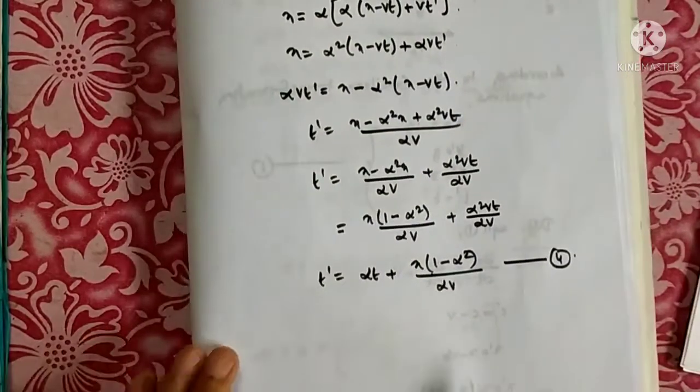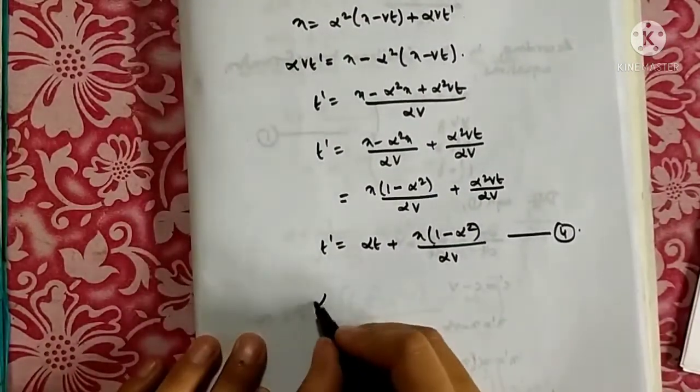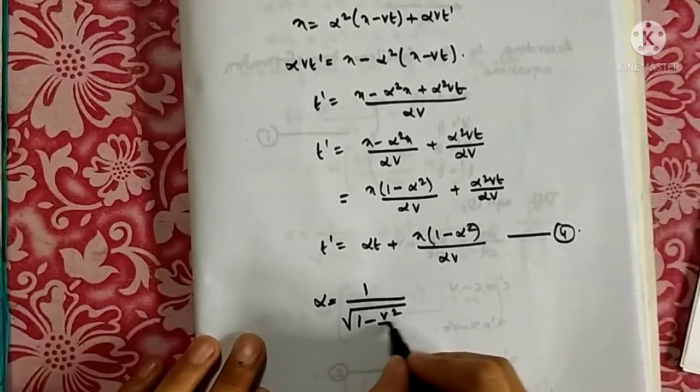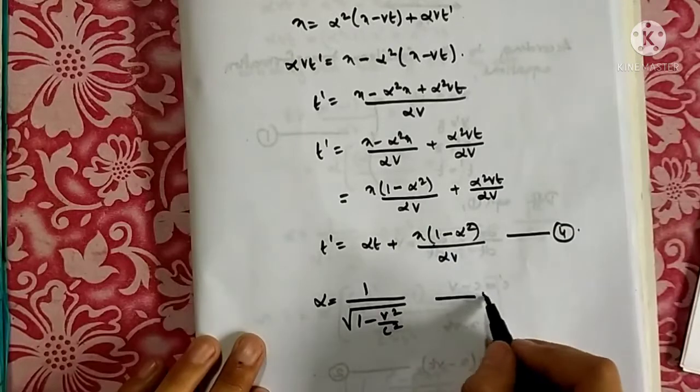Now we know the value of alpha. Alpha equals 1 by under root 1 minus v square by c square. Equation number 5.